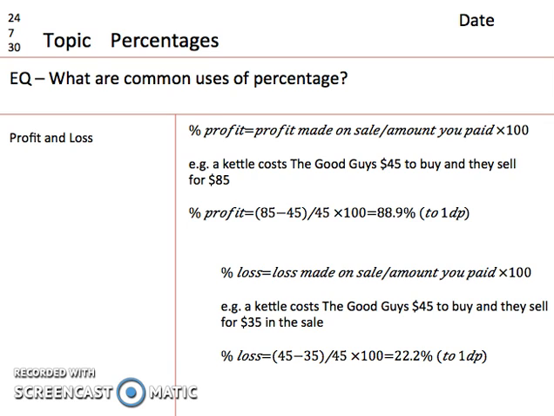Alternatively, if there has been a loss on a sale, in this case, the kettle cost The Good Guys $45 to buy, they can't sell it, they have to reduce it to get rid of it, they sell it for $35. They've made a $10 loss. So we put the $10 over the original amount that was paid, in this case it's 45, multiply it by 100, and we find out that the percentage loss is 22.2%.